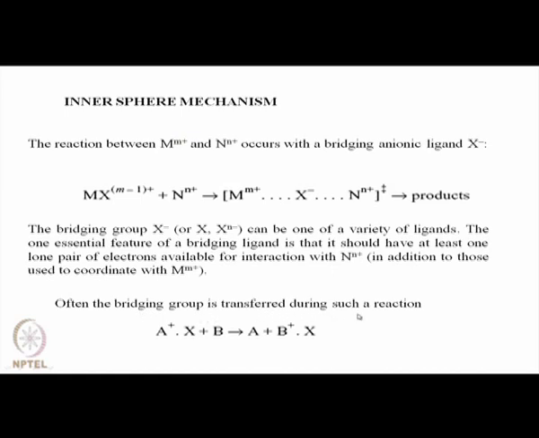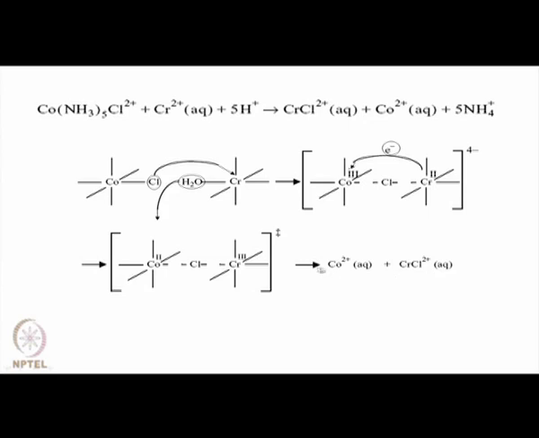Here, this bridging group was initially associated with cobalt, and now it is a part of chromium. So the bridging group is transferred from cobalt to chromium along with the electron transfer, which results in redox between cobalt 3 and chromium 2, giving rise to cobalt 2 and chromium 3.